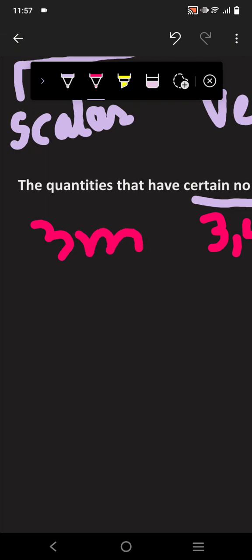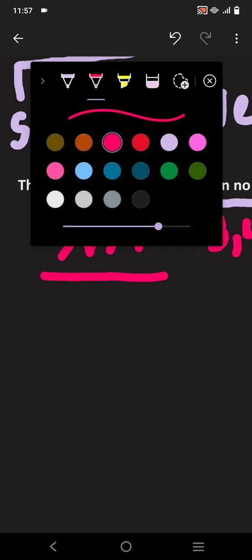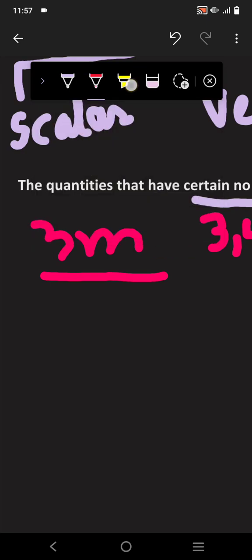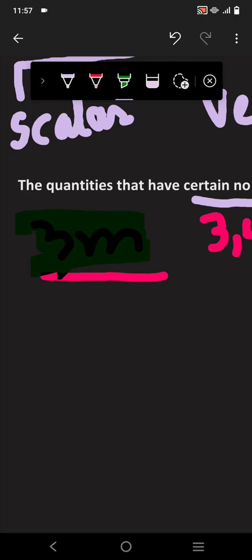We have the quantity 3 meters. Now 3 meters has a certain number, and it has a unit as well. That is why this is known as a scalar quantity.